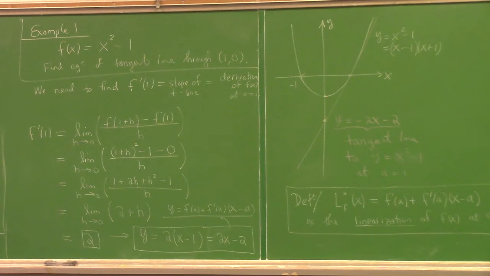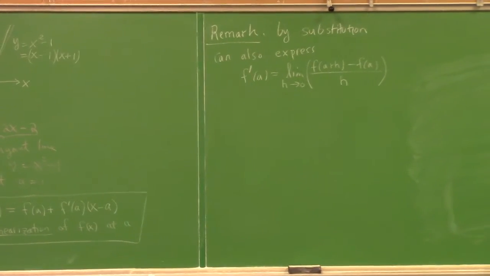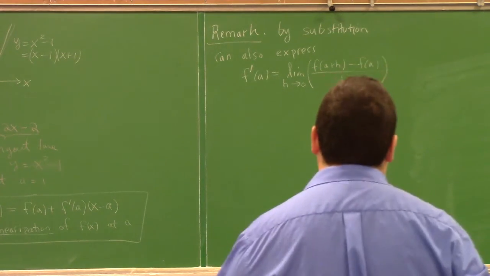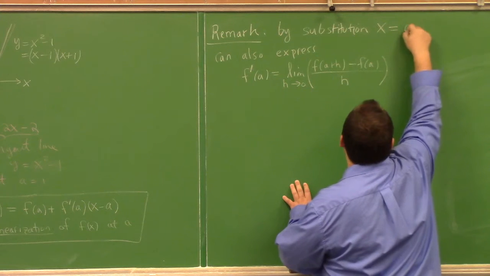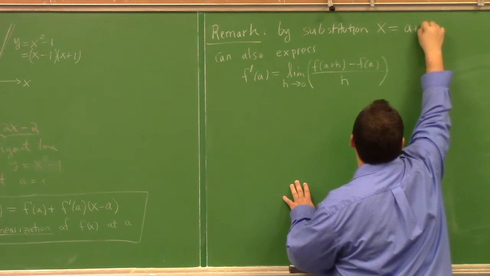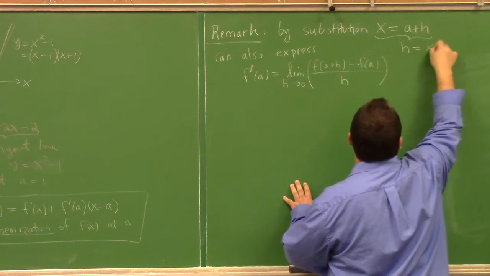So what if we make the substitution x equal to a plus h? What happens then? If I want x equal to a plus h, that means also what? h equals what? x minus a, right?